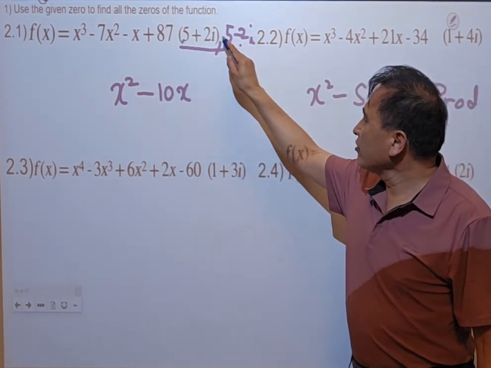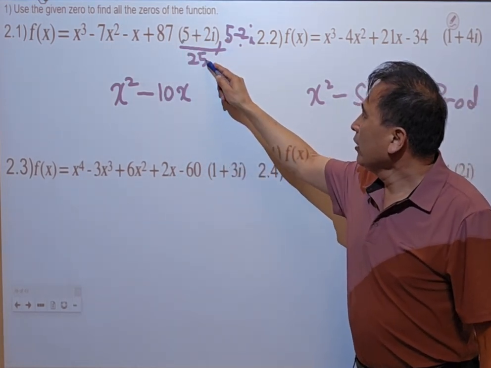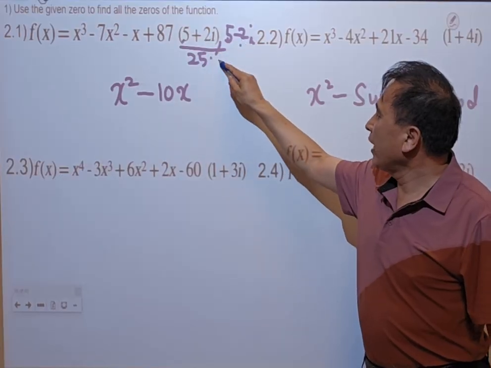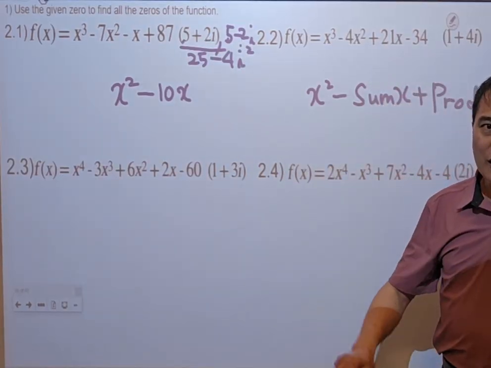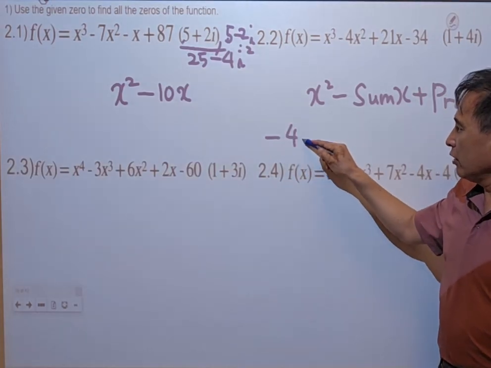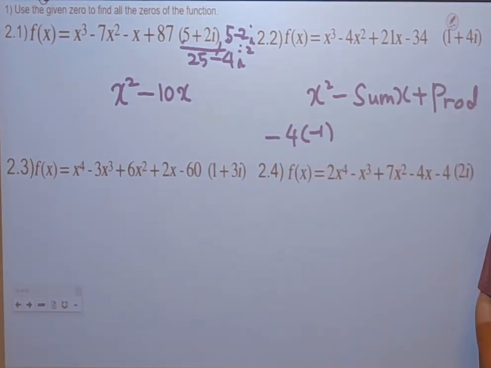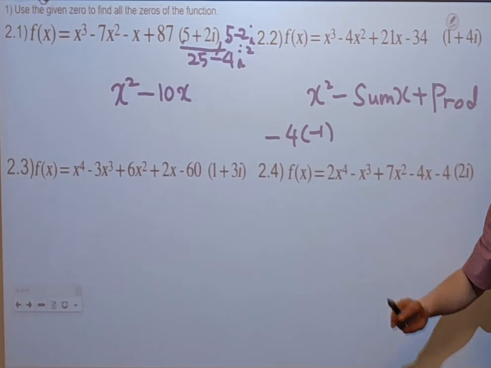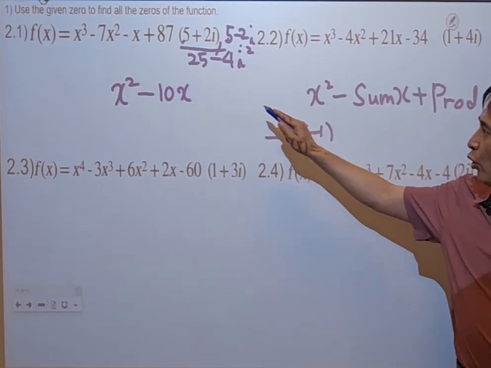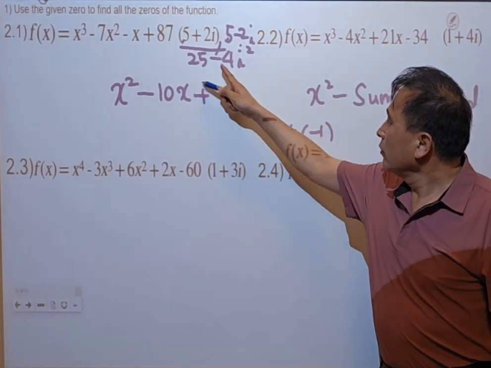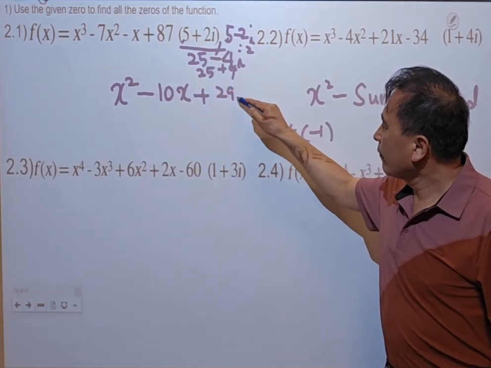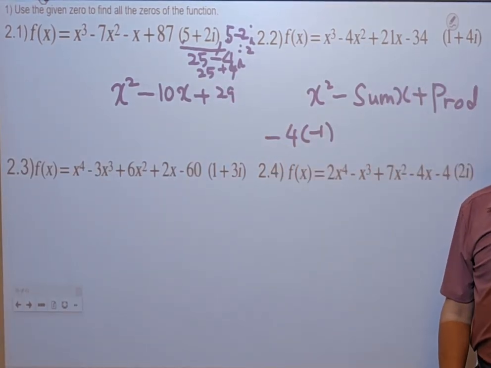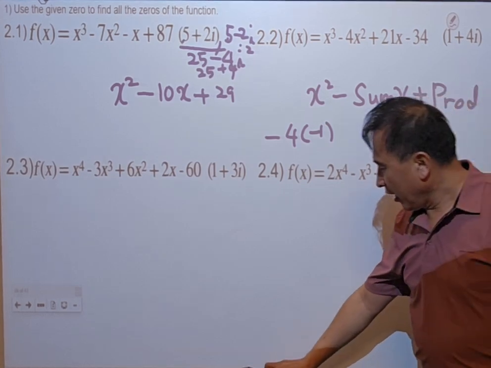And the product is 5 times 5 is 25, and plus 2 times 2 is 4. i squared is negative 1, so this product, minus becomes plus, 4 times 1 is 4. So this is 25 plus 4, which is 29. Everybody got that?